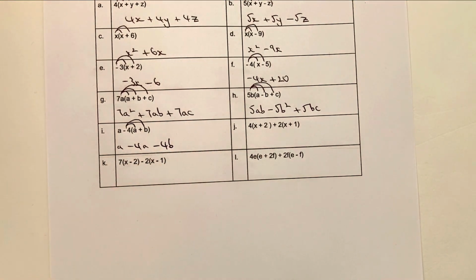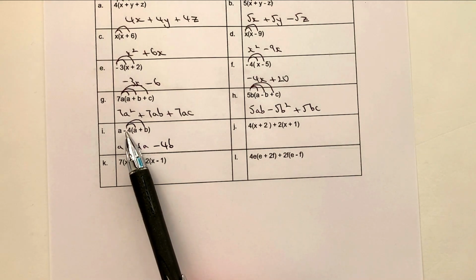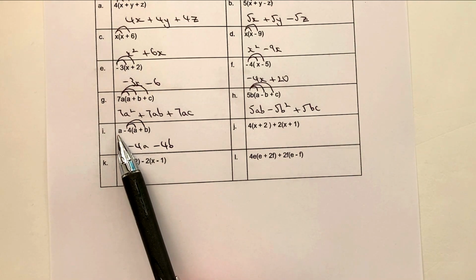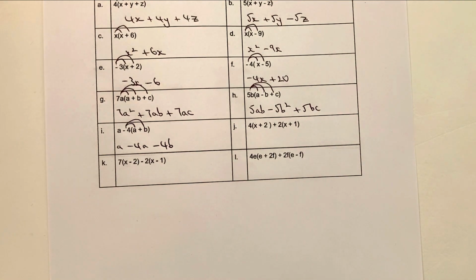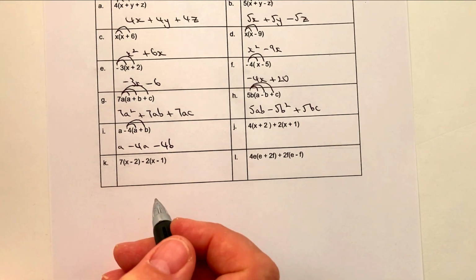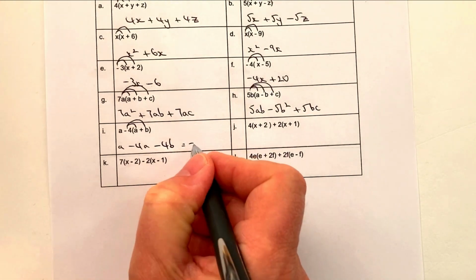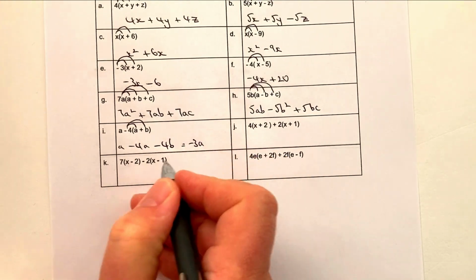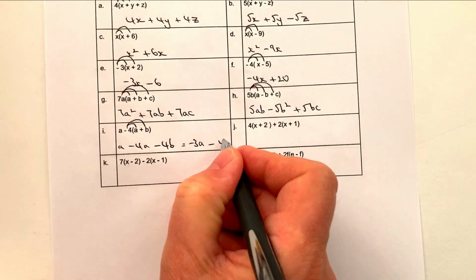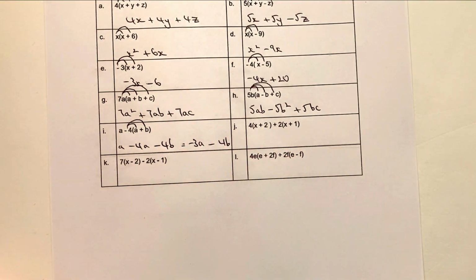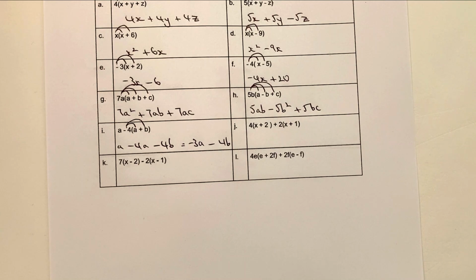Okay, so just be very careful about that because it's a multiplication before we do the addition or the subtraction. Now, what we can do with this is tidy it up just a little bit. I've got A minus 4A is going to be equal to minus 3a, and then minus 4b. Okay, hopefully that's okay for you.